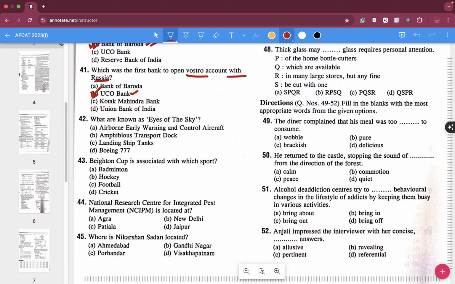So basically, how exactly will the transfer of currency, the ruble and rupee, happen? When there is trade, import and export, there has to be a bank to take it into account. All the financial transactions for imports and exports with Russia happen through this Vostro account.